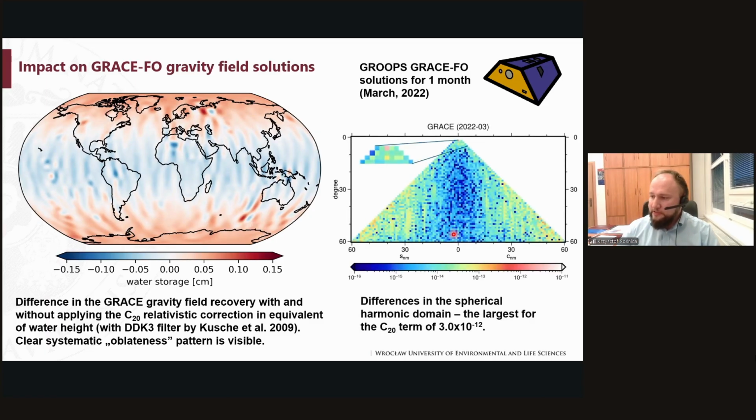And if we look into the spherical harmonic domain, of course, the largest impact is on the C20. But we have also some impact on the correlated coefficients like C40, and the impact on C20 is 3 times 10 to the minus 12, which is comparable to the level of the formal errors of currently derived C20 values using SLR data.